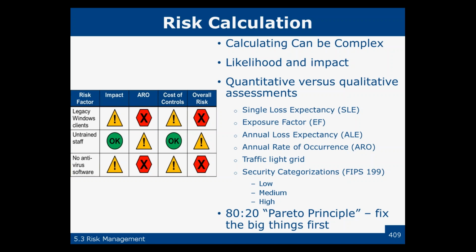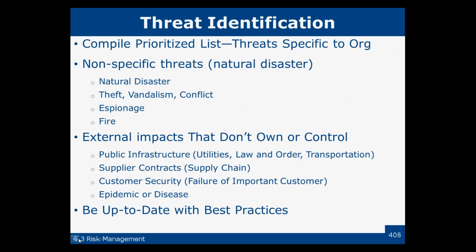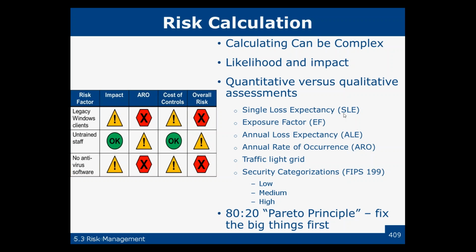Take a look at the slide. Basically, it's looking for your overall risk. Your cost of controls is like a flow chart of what's going to happen and what it's going to cost. So we have all the things we talked about: single loss expectancy, annual rate of occurrence, and annual loss expectancy. How much is it going to cost?